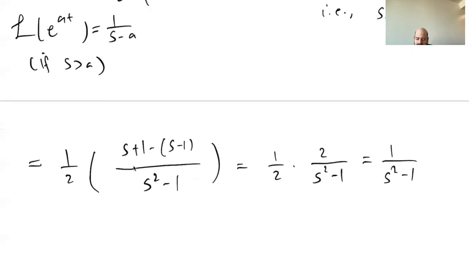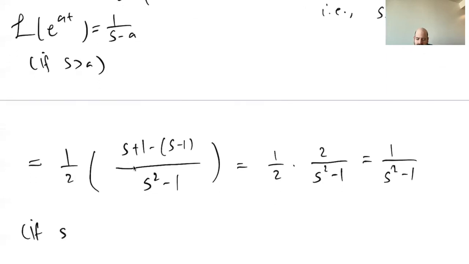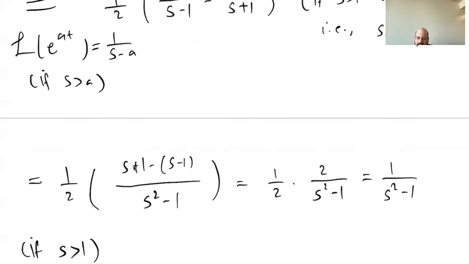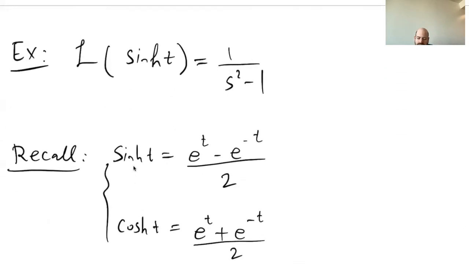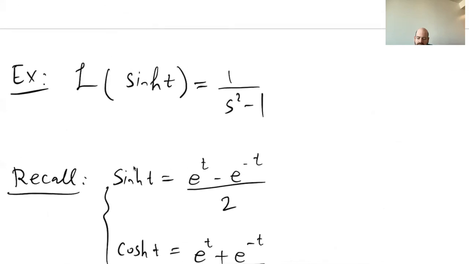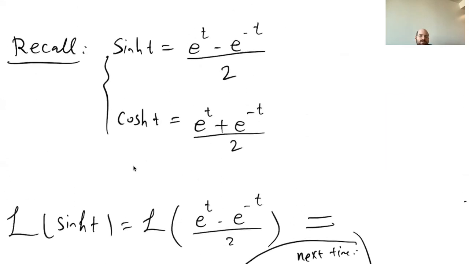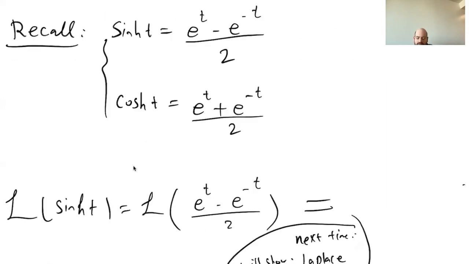This will be valid if s is bigger than 1. So we showed that the Laplace transform of sine hyperbolic t is 1 over s squared minus 1 if s is bigger than 1, and for s less than or equal to 1, it will be undefined.